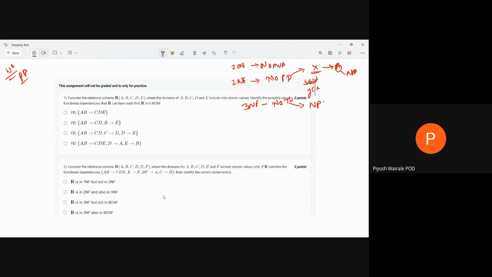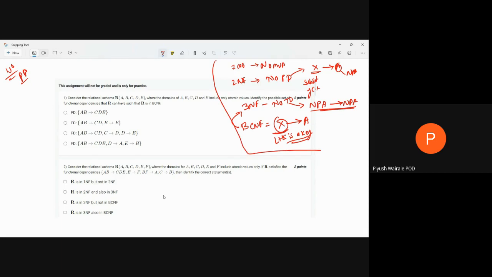If a non-prime attribute determines a non-prime attribute, then we can say it is a transitive dependency. And for BCNF, a simple thing, just check whether it is in 3NF or not. And one more condition is that the left hand side of every functional dependency must be a key. That is BCNF. Just remember these few things and you can solve any question on week 6.